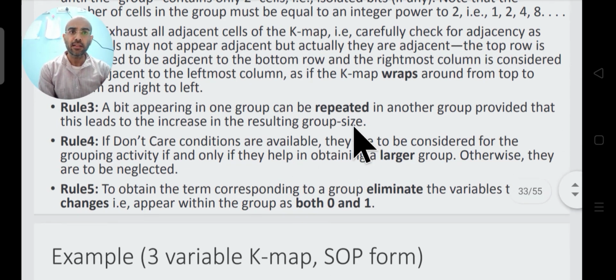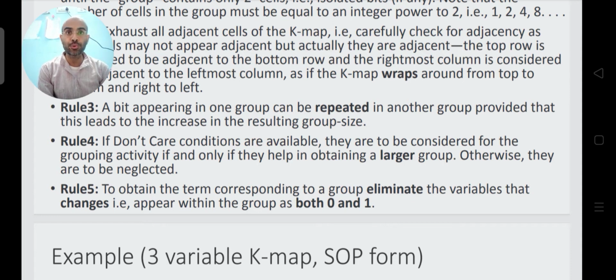Then we have don't cares. The rule to use the don't care is that it should be used only if we are able to form a larger group by the use of the don't care. The don't care can be treated as 1 or 0. It is our choice, but it should be treated as 1 only if the inclusion of that don't care is helpful in forming a larger group.